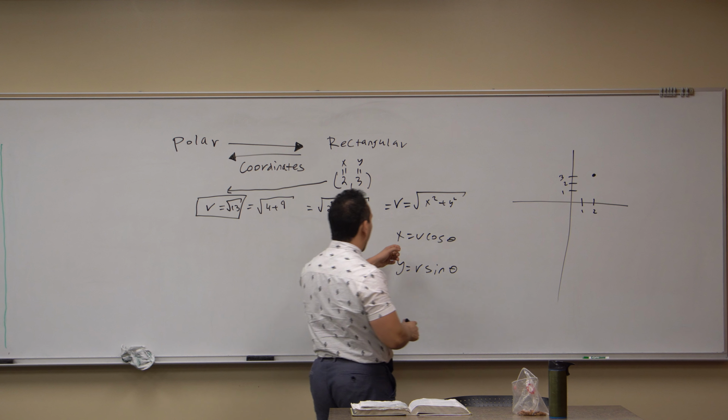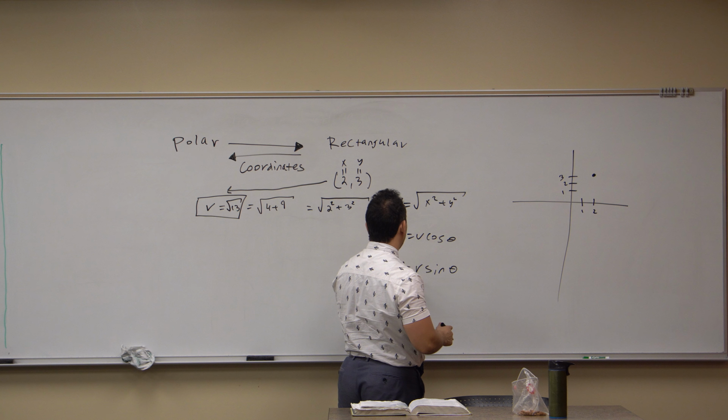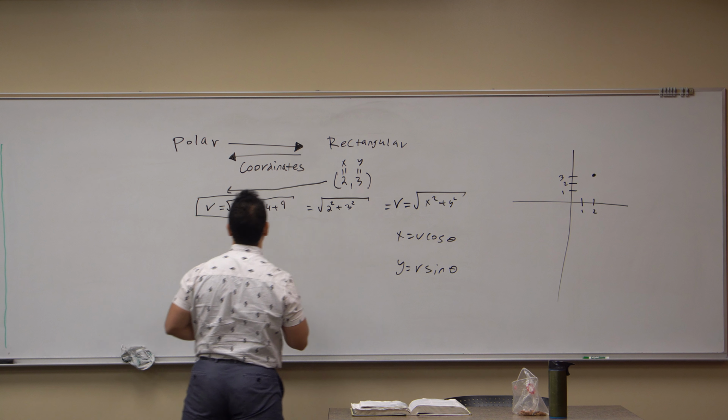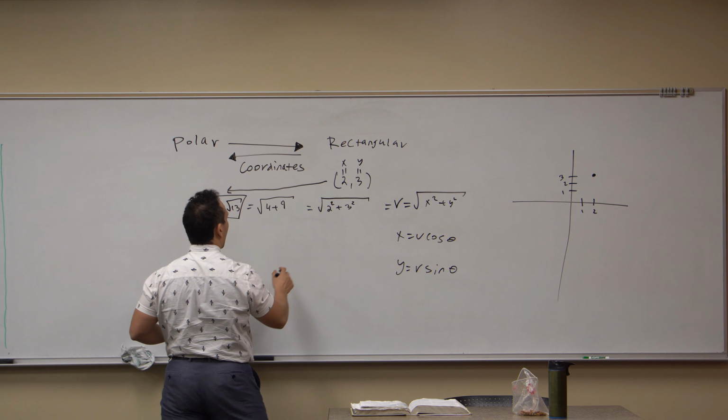Well, I know x, and I know y, and I know r now. I can solve for theta by taking the ratio of y over x, because I want to establish the tangent. Y over x would allow me to have a sine over cosine. So y over x, which is given by a rectangular 3 over 2, is equivalent to r, which our r is now root 13.